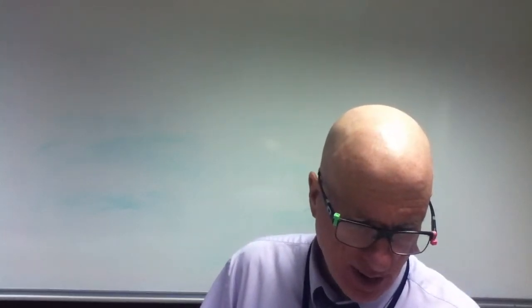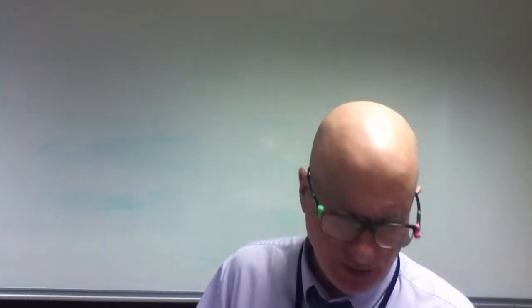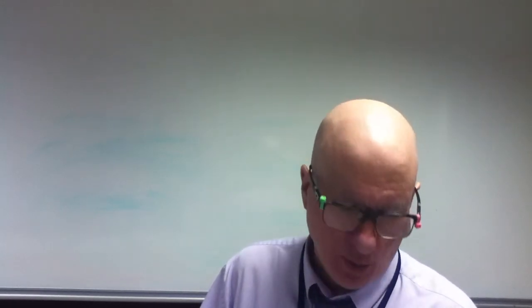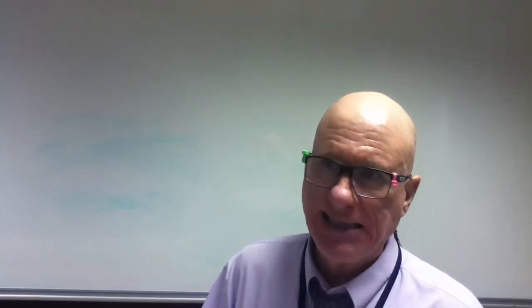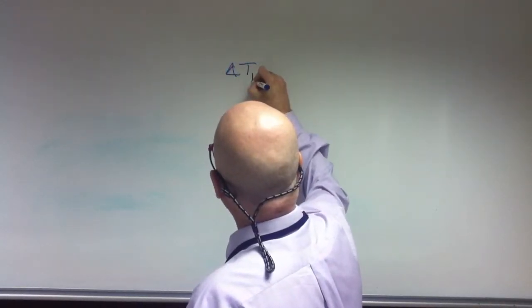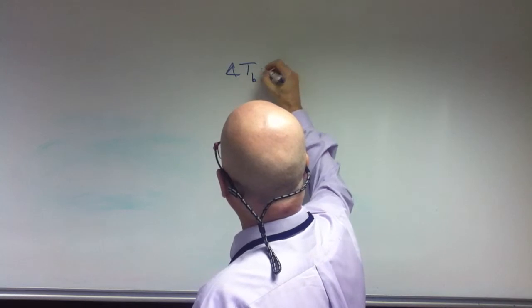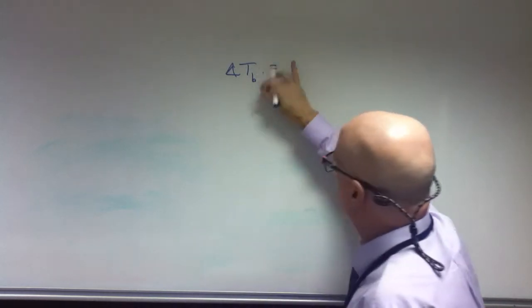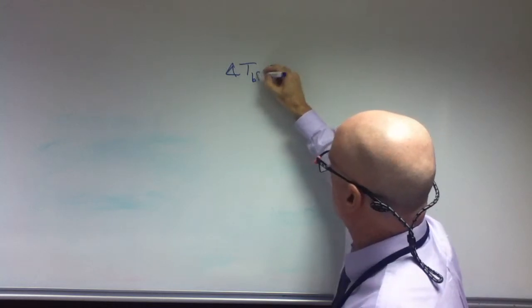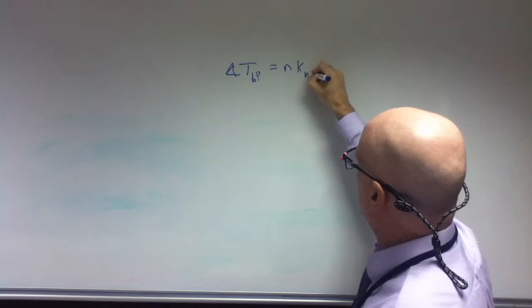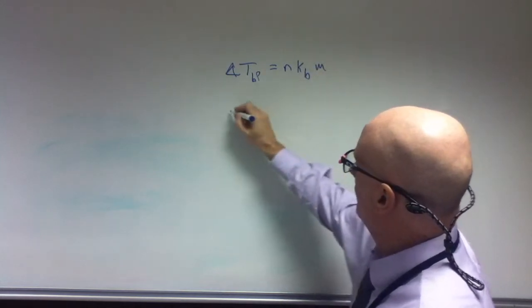Now let's see if we can do the next one with very little fanfare. The next one is 1.5 moles of NaCl in 1,000 grams of water, 1 kilogram. So the change in the boiling point will equal n Kb m, right?